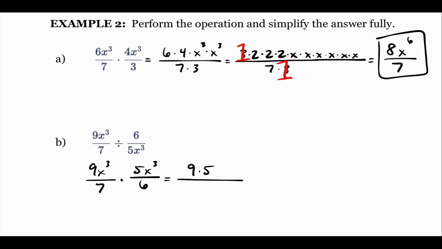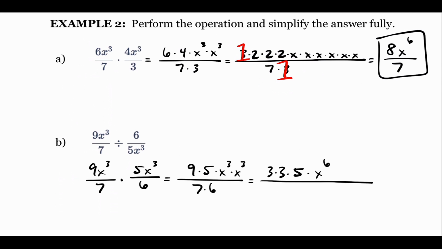I get 9 times 5, x to the third times x to the third. And then 7 times 6. Nine is 3 times 3. 5 is just 5. 5 times 1. Here you can put all x. I don't mind if you write them out or you don't write them out, but combine them, okay?